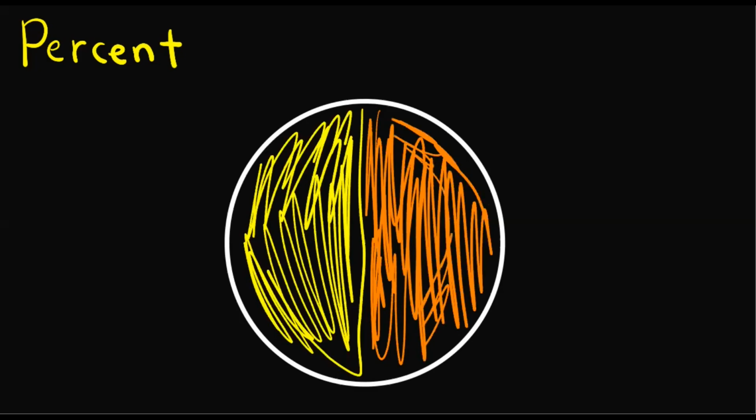Assuming that we have created this one perfectly, then this one is represented by 50%, and this one is represented by 50%. So that's basically it. The ideas of percents give us a good grasp on how a whole is divided.